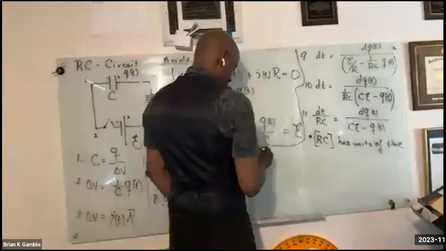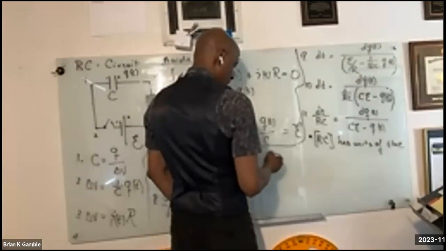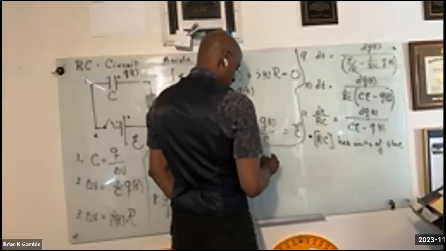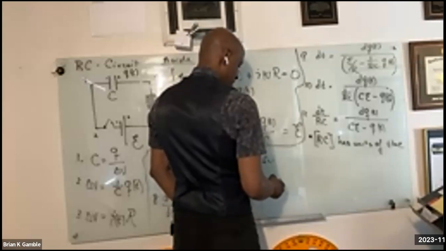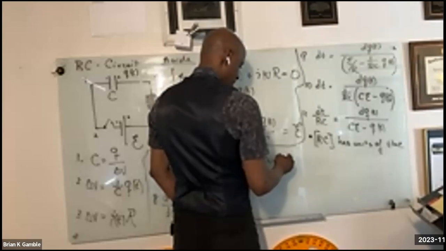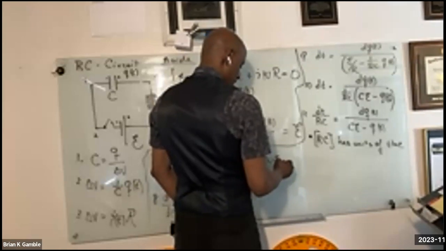So remember that resistance is, well, it's ohms, right? So we're going to have ohms times capacitance, which is a farad, but that doesn't really make sense to you. You've got to break it down.